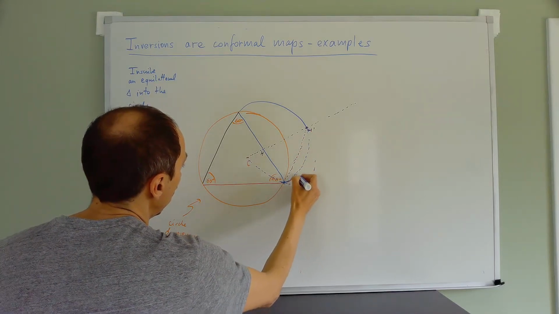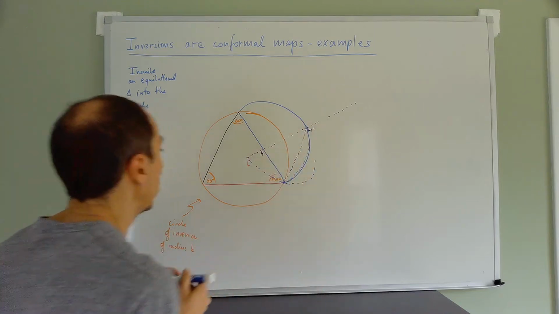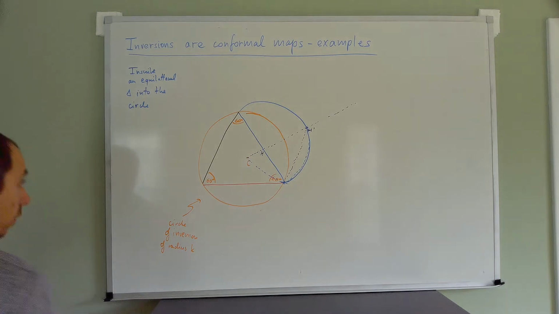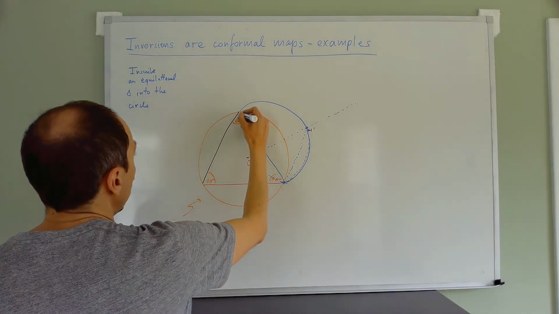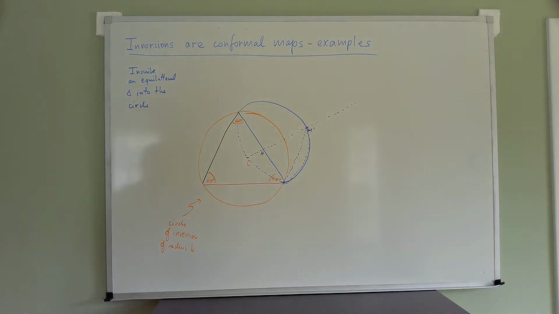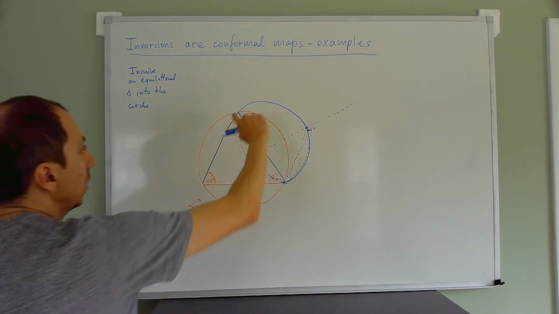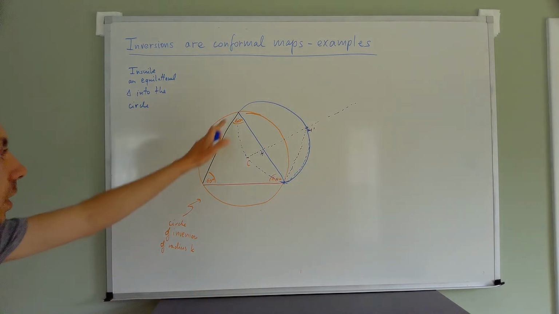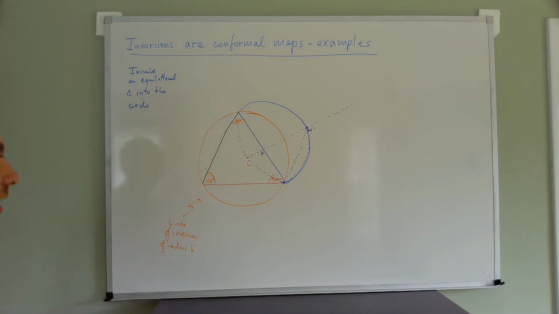Okay, that's the outside part, right? And the circle sort of closes in here. Yes, maybe the point H should have been placed a little further away. But in any case, you get the idea here that blue part is where this line segment, the blue line segment, gets mapped.